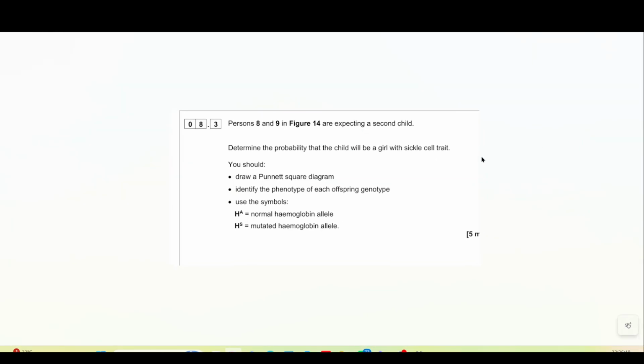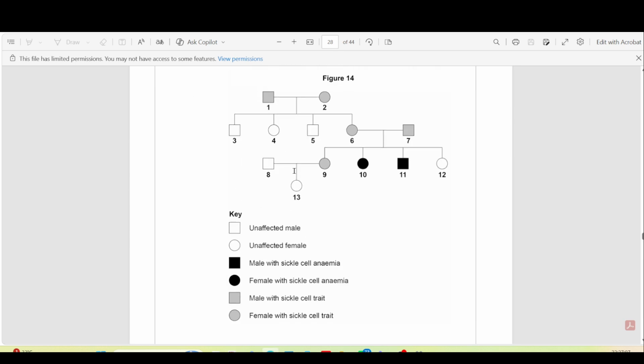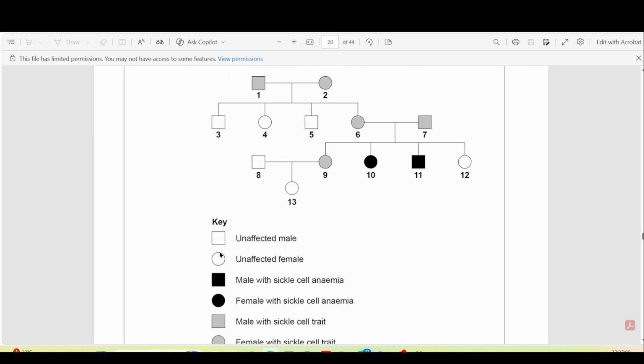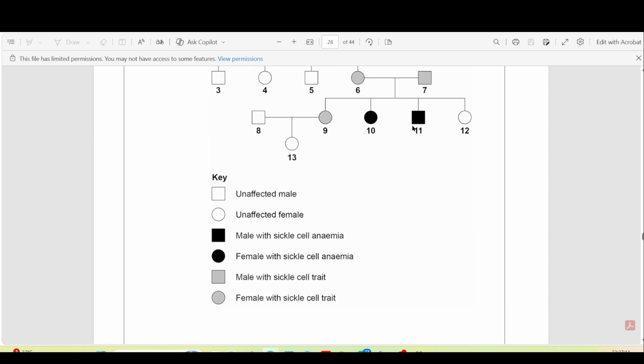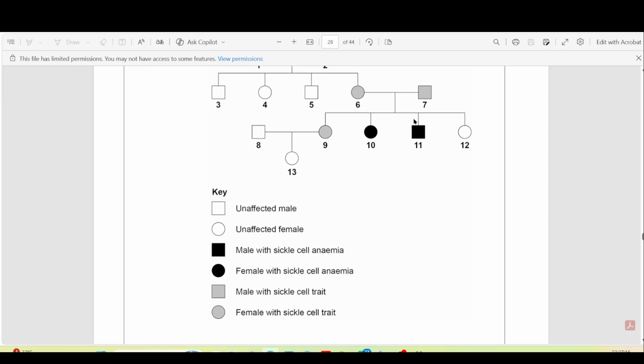Okay. So HA, A means normal hemoglobin and S means mutated. If we look at the Punnett square, this is the Punnett square, and here these two, one female and one male, are affected, and these are carriers.